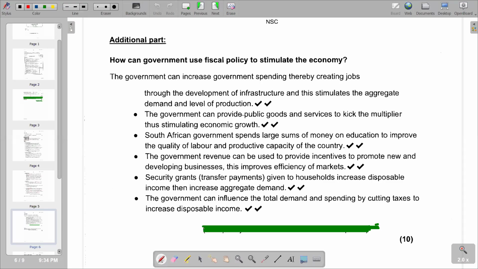So we have the additional part being articulated on this page, and it reads that the government can increase government spending, thereby creating jobs. So government spending becomes another instrument that is used under a fiscal policy, whereby it's used also to create jobs.